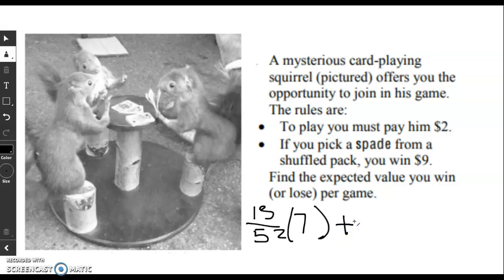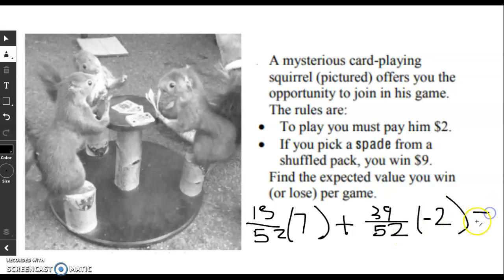Then I need to add on the rest of the cards. So 52 minus 13 would be 39. So 39 would be the rest of the cards out of 52. And so this time, instead of plus 2, I'm losing 2. So I had to pay 2, so that's a loss of $2.